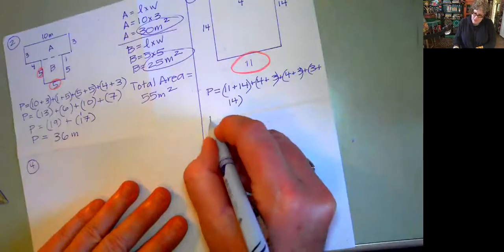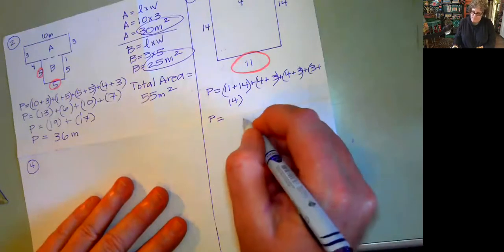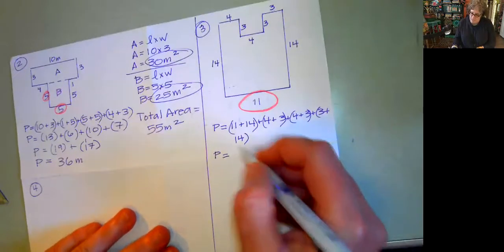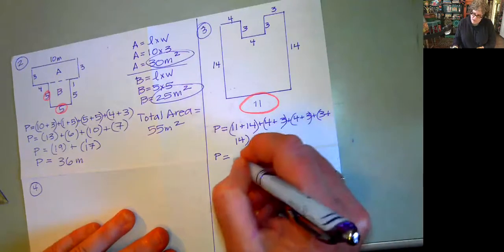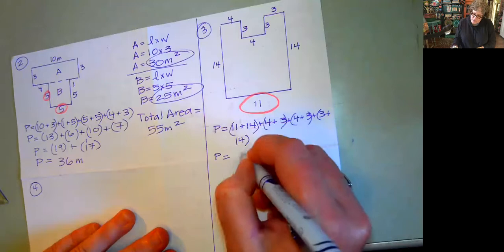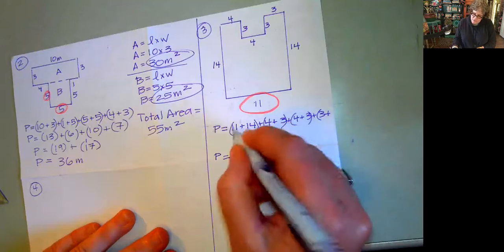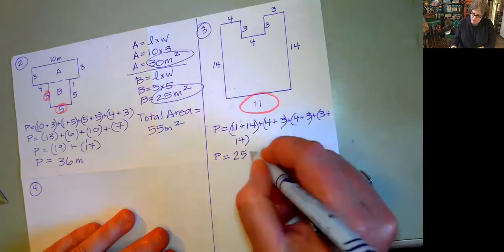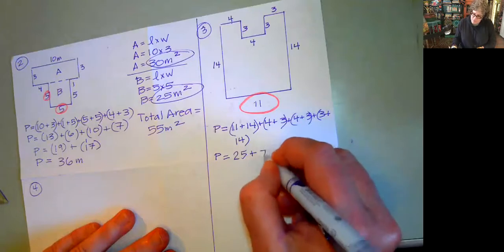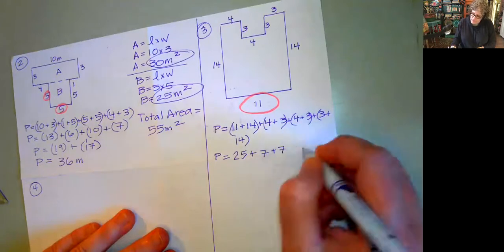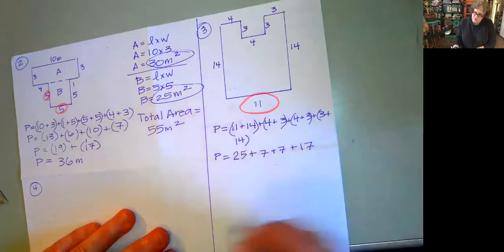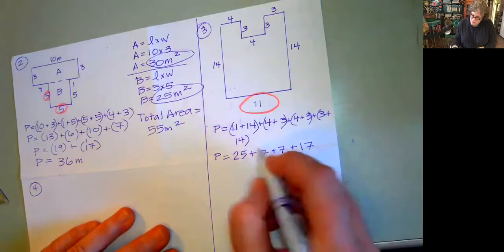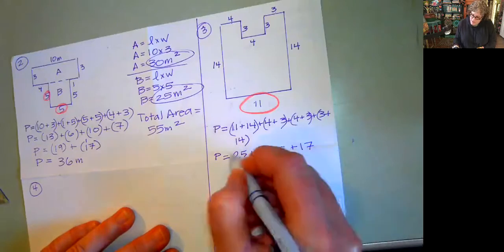So perimeter equals 11 plus 14 is going to equal 25, right? 4 plus 1 is 5. 1 plus 1 is 2, 25. Plus 7, plus 7, plus 17, because 3 plus 14 is 17. So I'm probably going to want to chunk it here and here.